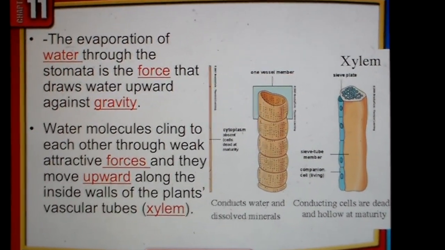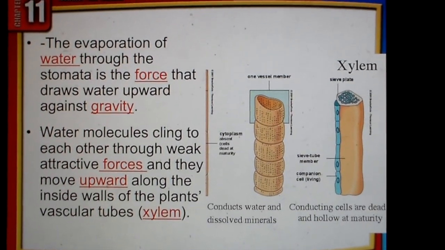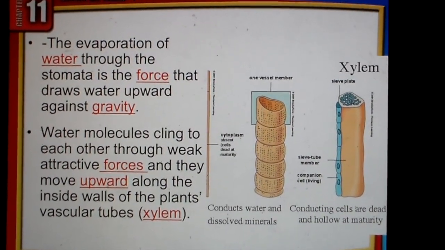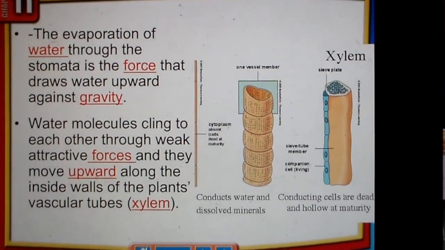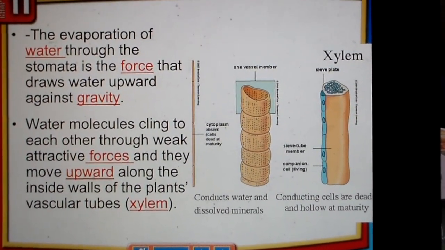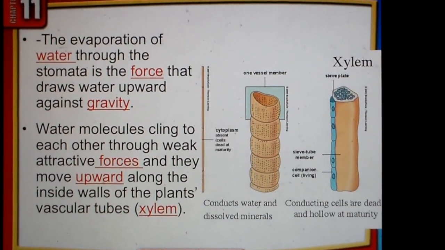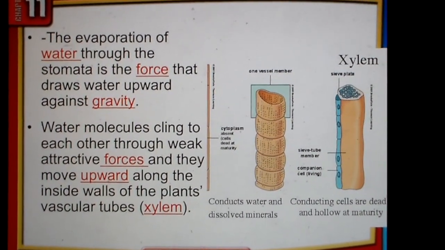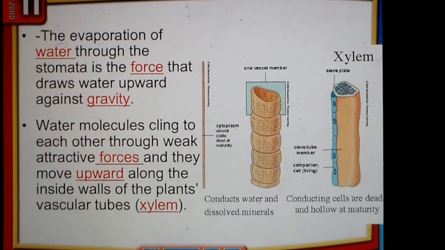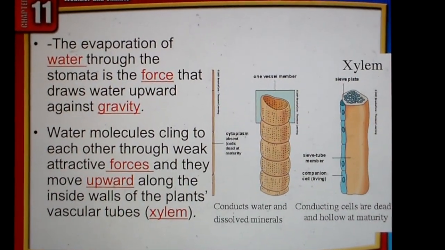Well, water molecules cling to each other through very weak attractive forces, and then they move upward along the inside walls of the plant's vascular tubes, which we know are called xylem. So this is an interesting connection to where we were talking about specialized xylem cells. Water leaving through the stomata is actually what is responsible for pulling the water upward.